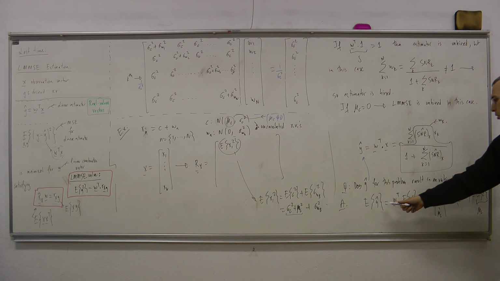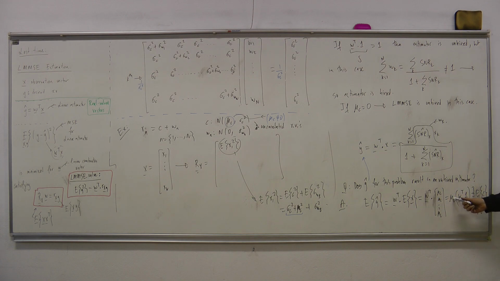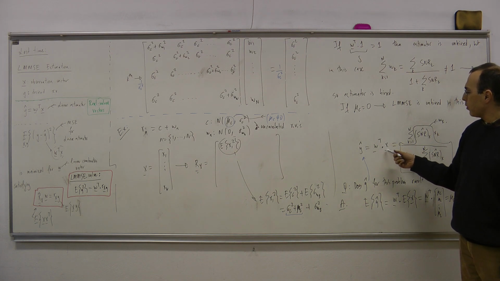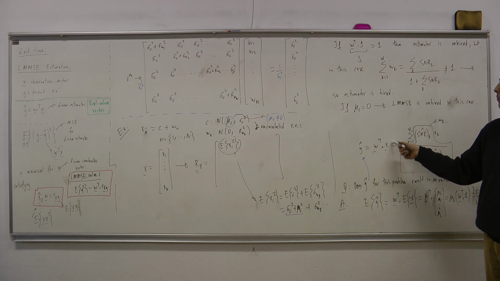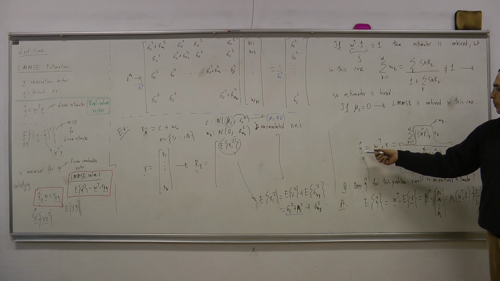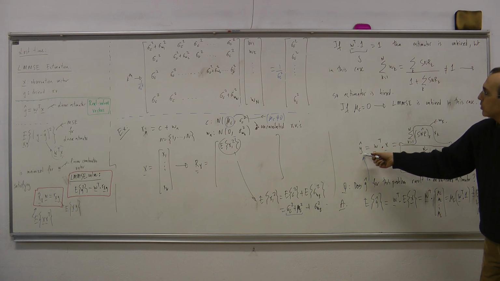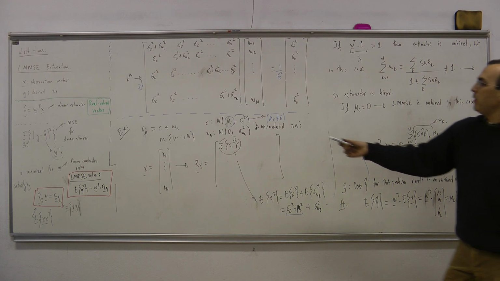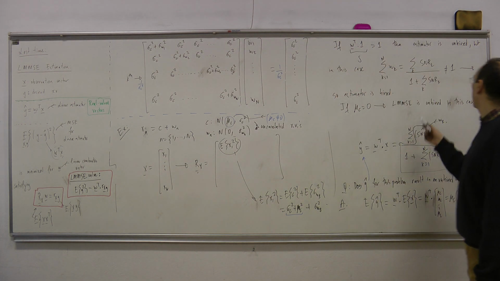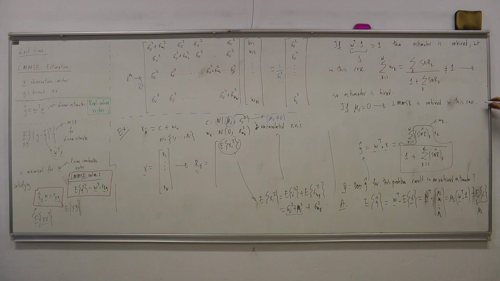Once you do this calculation, if this is 0 mean, then this equation is always satisfied. Maybe it's easier to see from this. If observations are all 0 mean, then their average is also 0 mean. And if this 0 average matches the desired signal's mean, which is 0, then the estimator is unbiased.